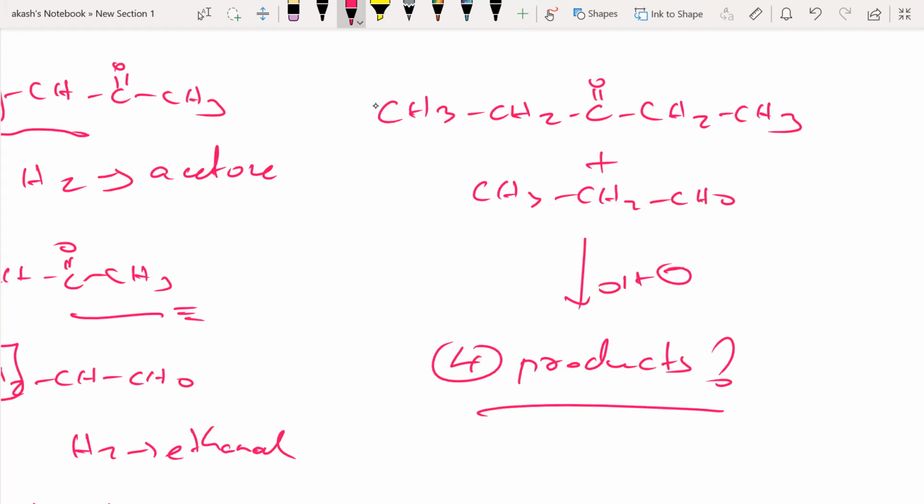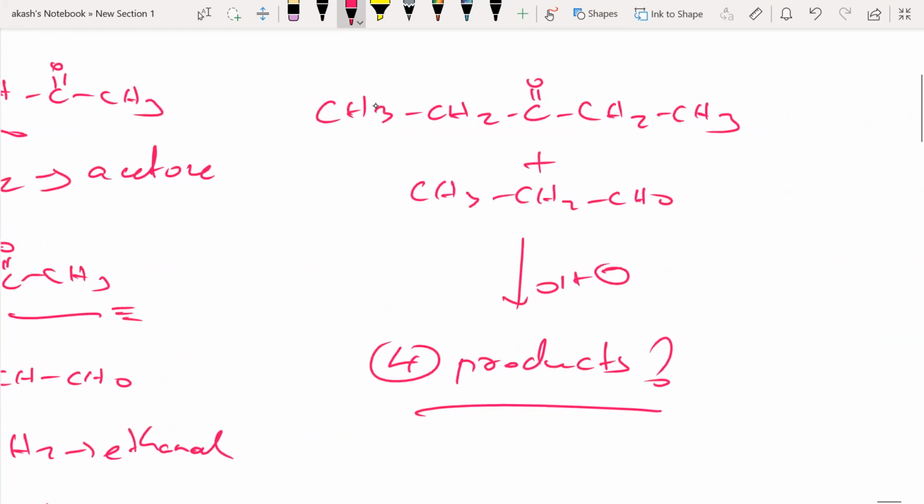Show me with the help of shortcuts. So we need both the self-aldol and cross-aldol. Self-aldol means self-aldol of only this. That is one product. Self-aldol of only this. Second product. And if you remove oxygen from this, hydrogen from this, one product; hydrogen from this, oxygen from this, another product. Totally 4 products. Yes, understood? Yes, I understand. Okay, go for it.